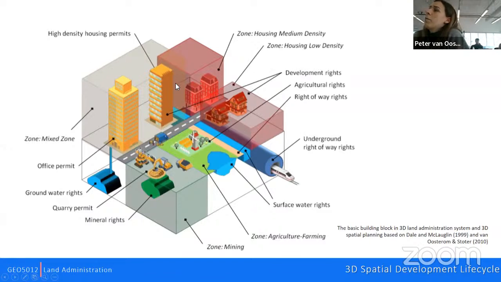And for the permitting part also, where it is allowed to go above a specific height, mixed zones. So I just wanted to show that apart from the traditional land administration registration process, we do have many things that need to be considered, and this can be very well depicted in this figure.